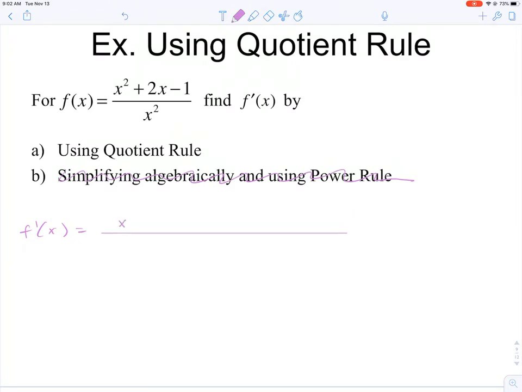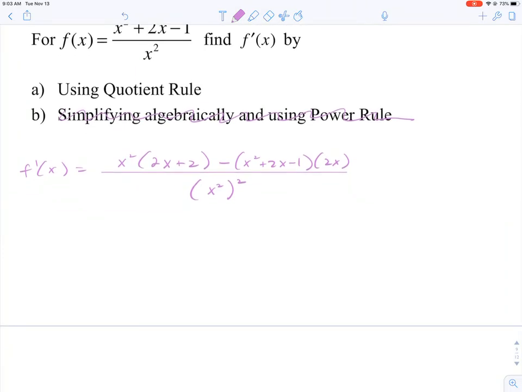So it'll be the denominator times the derivative of the numerator minus the numerator times the derivative of the denominator all over the denominator squared. All right, so let's clean up the numerator, distribute the x squared in.